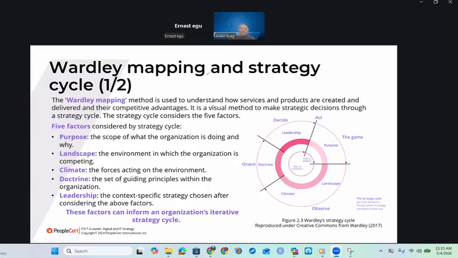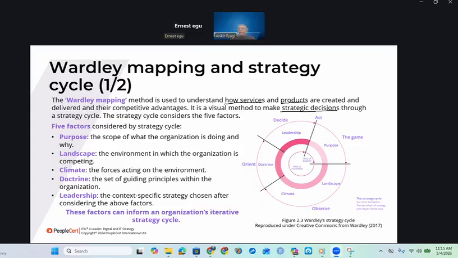This method is used to understand how the services and the products are created and delivered and their competitive advantages. It's a visual method to make strategic decisions through a strategy cycle.